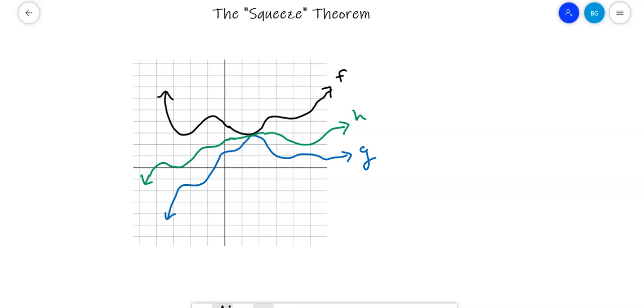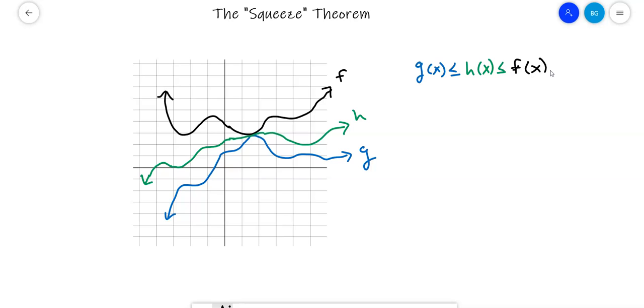So maybe I should color code my inequality that I'm about to write. g of x is always less than or equal to h of x, which in turn is always less than or equal to f of x, which is black, so I should write it in its appropriate color. So that's kind of the relationship between these three functions.